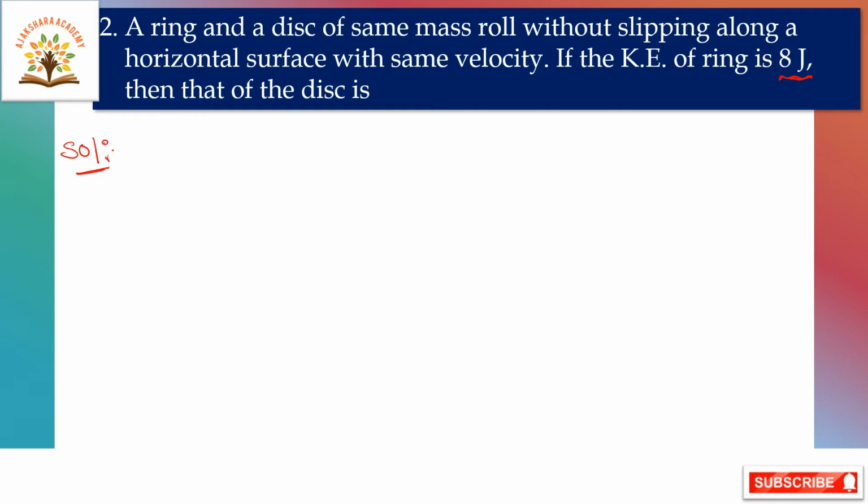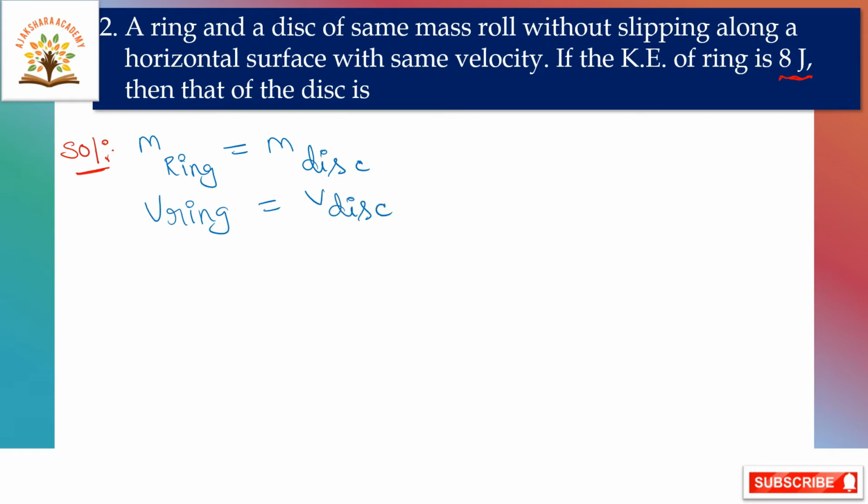Given, mass of the ring is equal to mass of the disc, and the speed or velocity of the ring is equal to velocity of the disc.